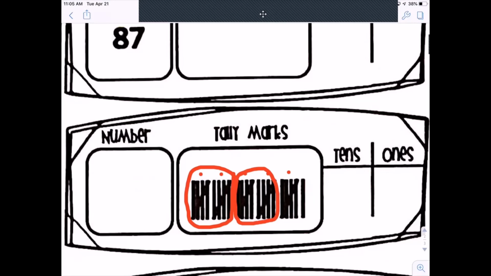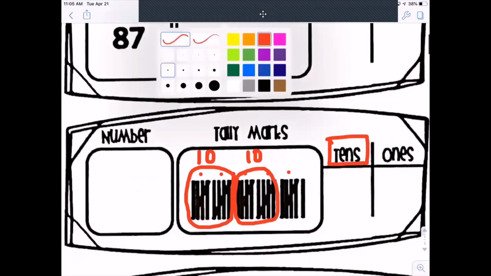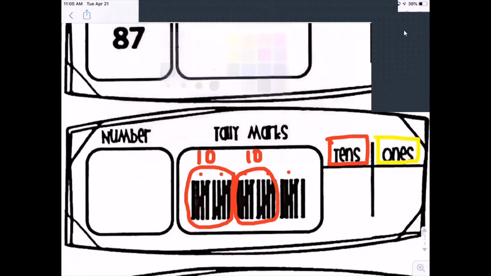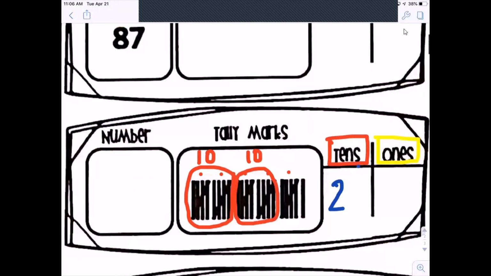Okay, so then this right here, I would write 10 and 10. So how many groups of 10 do I have? And let me color code my T chart. Okay, how many groups of 10 do I have? 2. But can I only write 2? What is Ms. Morales missing? 2, because I have two groups of 10.